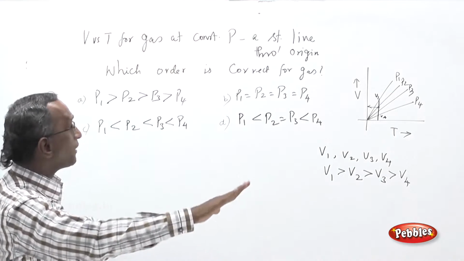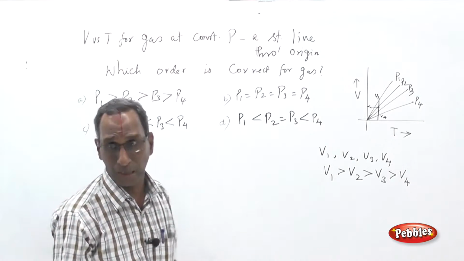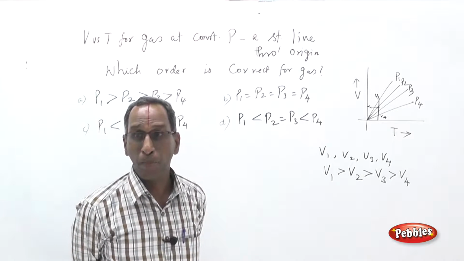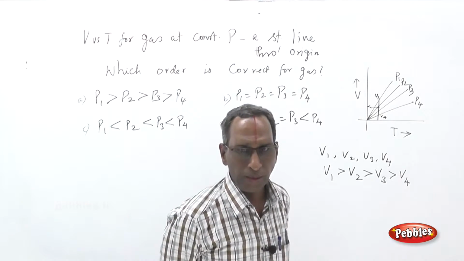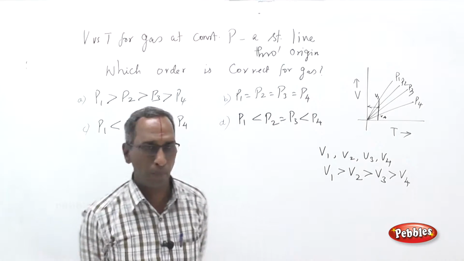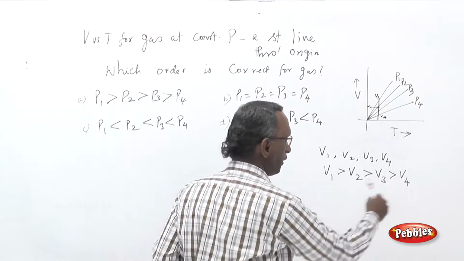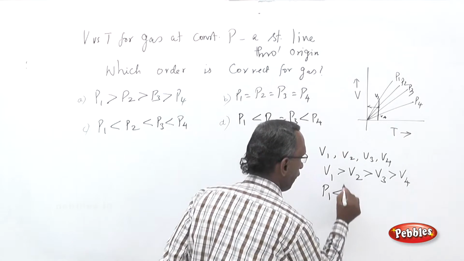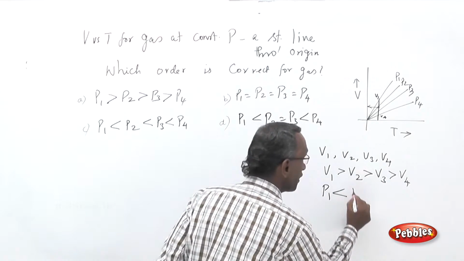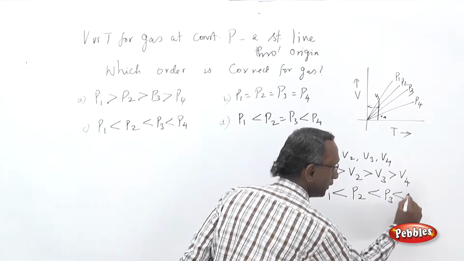All the gas laws are based on Boyle's law. Boyle's law states that pressure is inversely proportional to volume at constant temperature. Here the volumes are decreasing, which means the pressures should be in increasing order.